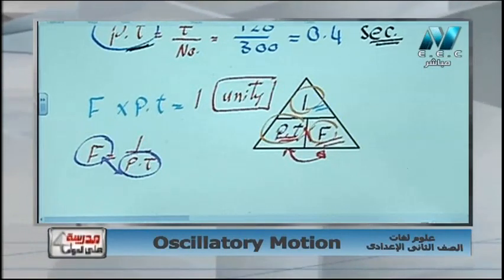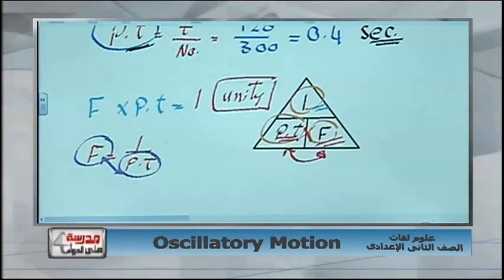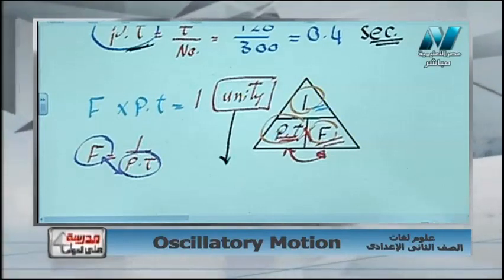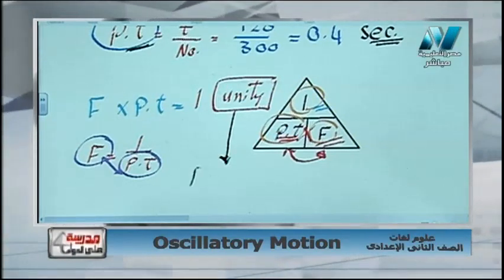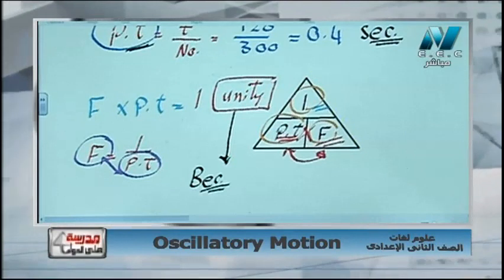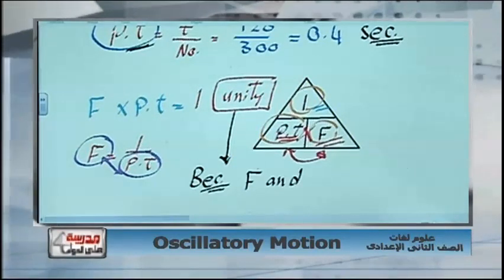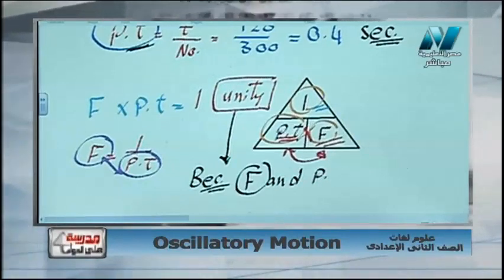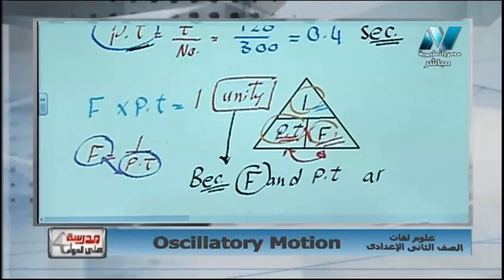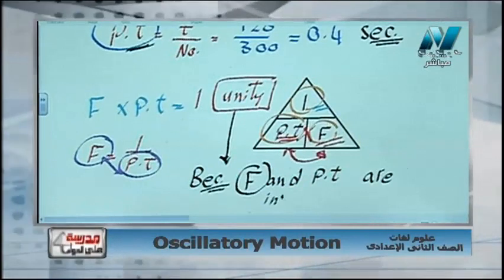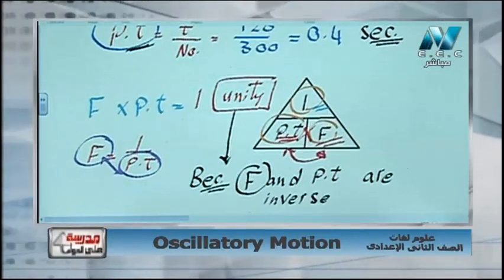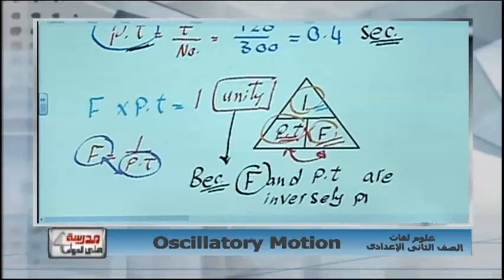So why the frequency times the periodic time equals unity? This is a give reason question. Because frequency and periodic time are inversely proportional.